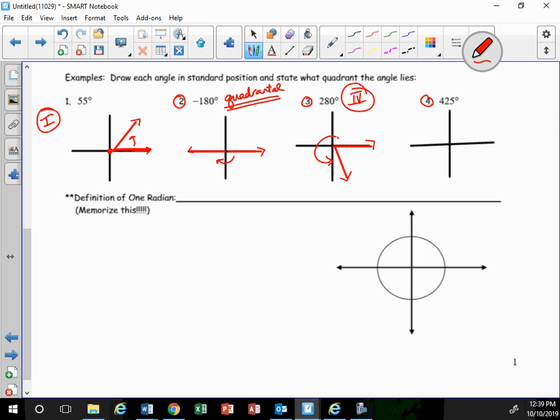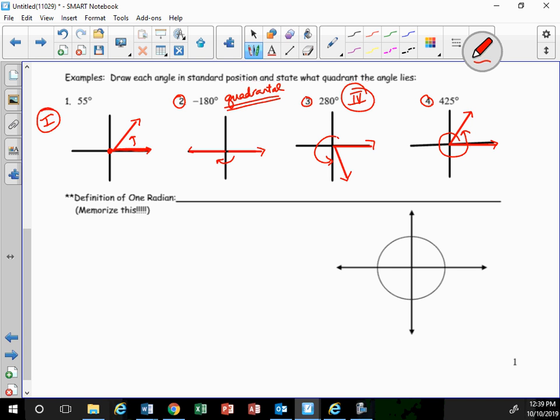Okay. All right, 425. That's more than 360, right? How much more than 360? 65. So what quadrant is that going to be in? Would you write 425 or you write 65? So you're going to show it as being 425 by going like that.